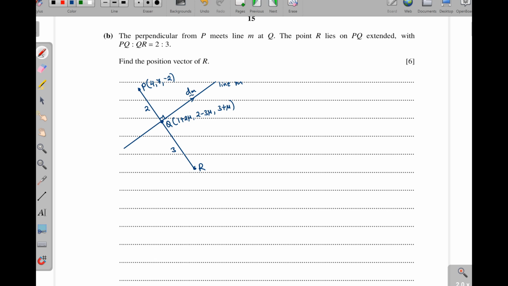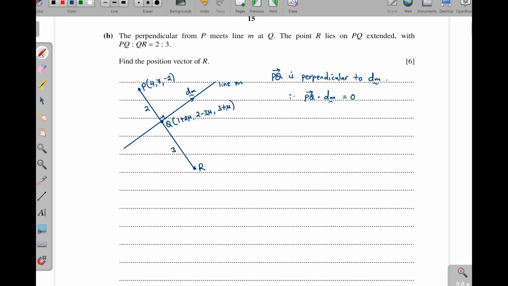So I'll say PQ is perpendicular, and for perpendicular vectors we find the dot product and we equate it to 0, not so? So PQ is perpendicular to the directional vector of M. So therefore PQ dotted with dM will give us a 0.